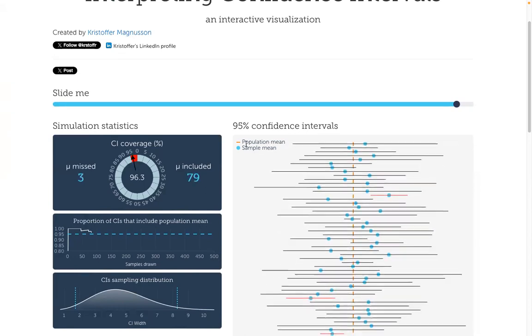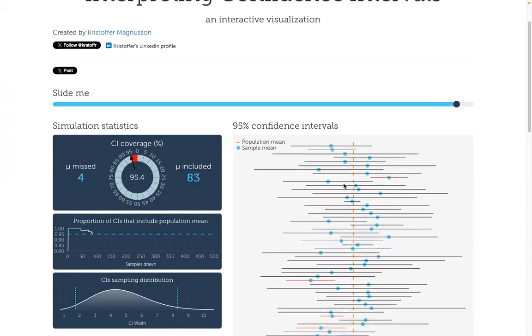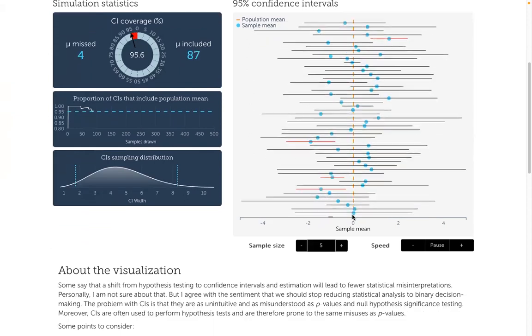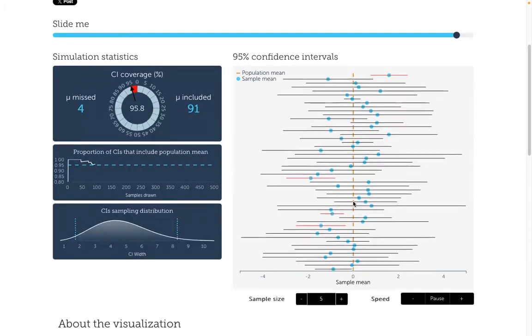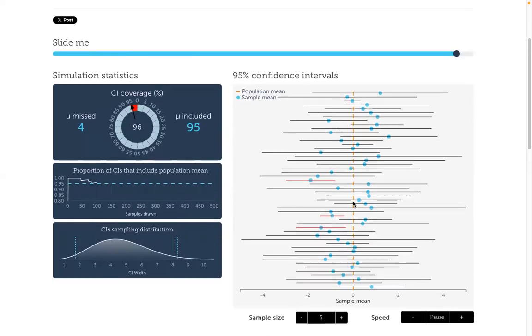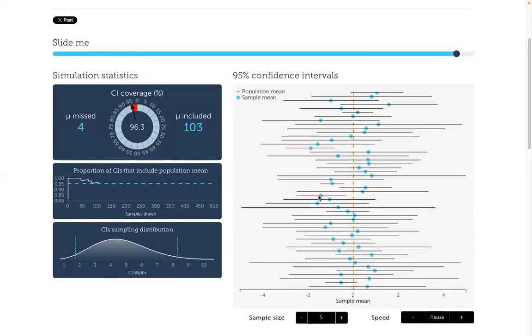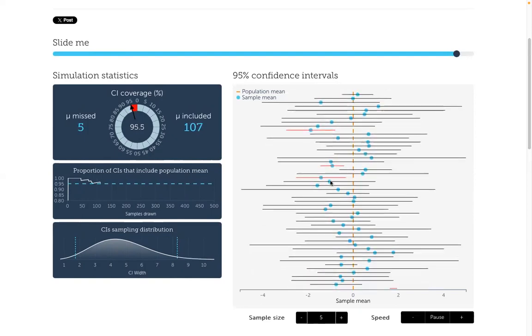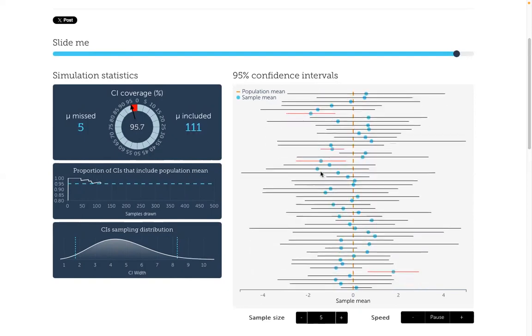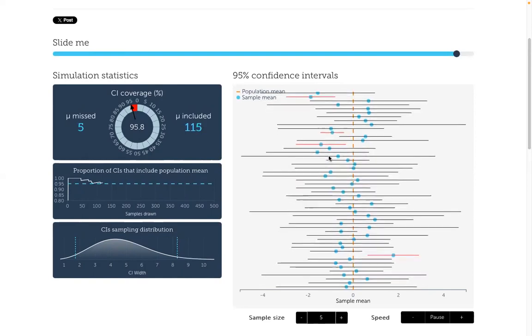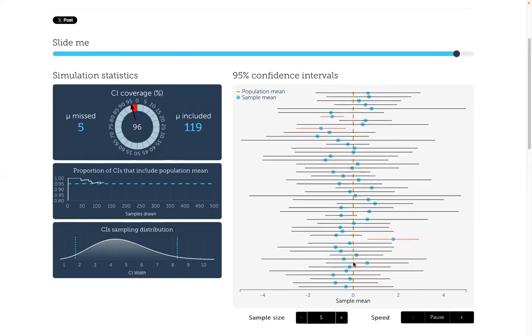He knows the real mean, which is zero in this case, and checks how many times the confidence interval built around x bar, the sample mean, contains the real mean.